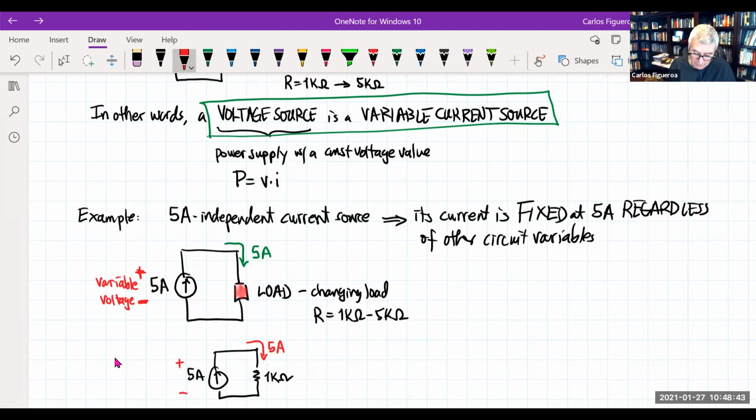It's going to be high because that's a kilo ohm resistor. How much is that going to be? Well, Ohm's law says that the voltage has to be R times I. So that's 1,000 ohms times 5. So it's got to be 5,000 volts. Okay, so that means this guy is going to be 5,000 volts.